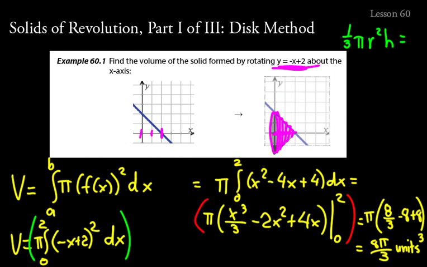You could just use this formula, 1/3 times pi times the base radius there is 2 squared times a height of 2. So the height is from here to here, right? It's kind of the cone's laying on its side. But again, we're going to get 8 pi over 3, right? So another way to check your work on a cone result like this, when the edge is a line.